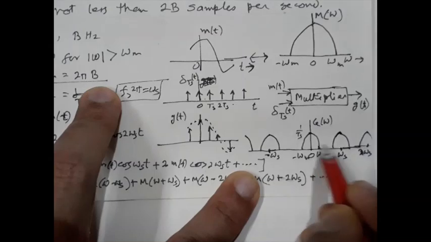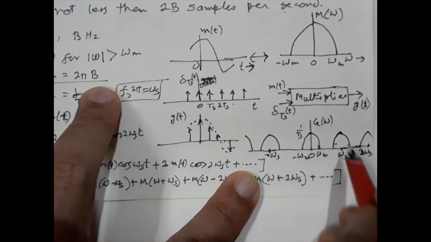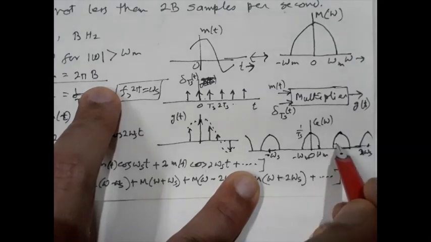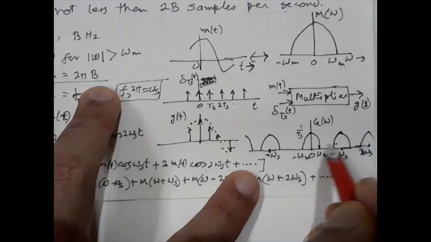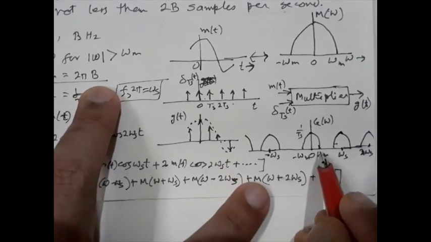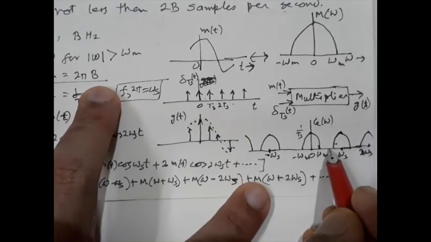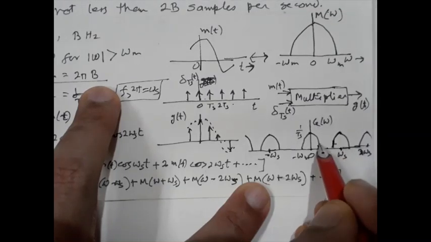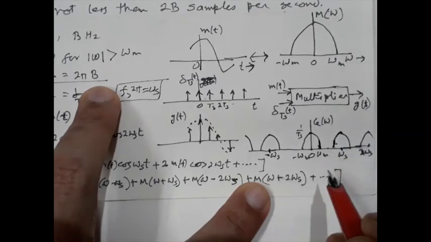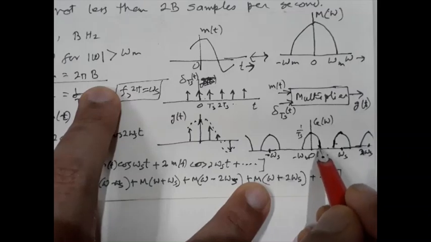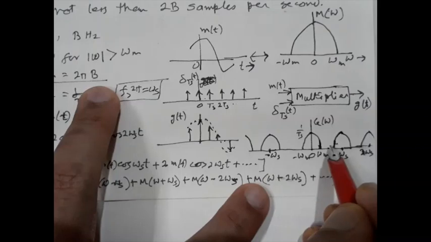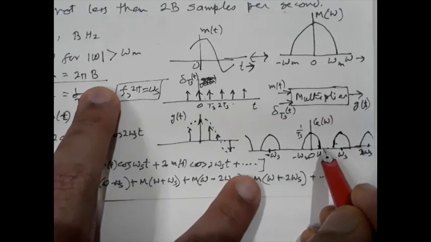These successive periods should not overlap. If there is any overlap, suppose omega s is lower, somewhere here, then this portion will overlap with that portion of the previous period, and since they are overlapped, we cannot reconstruct the original message signal.